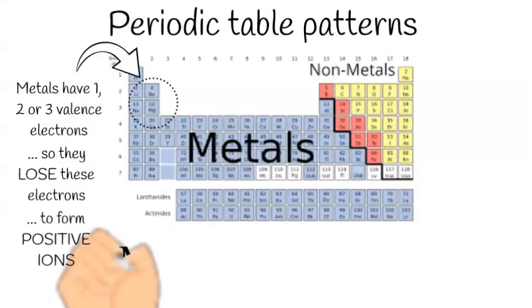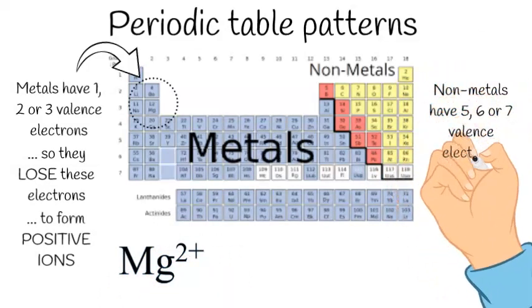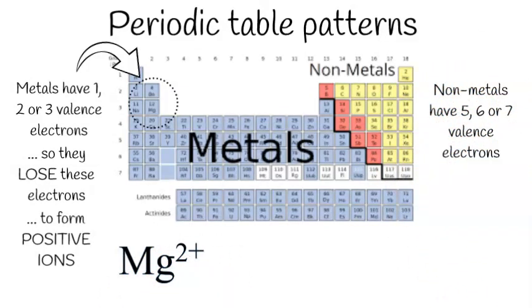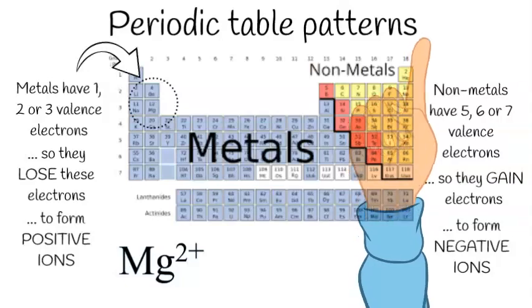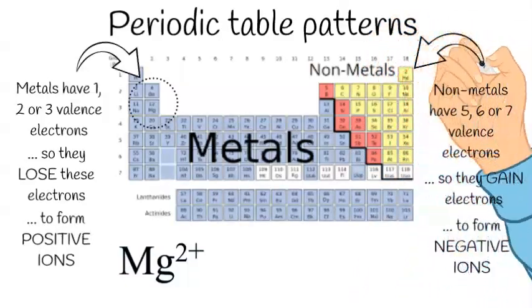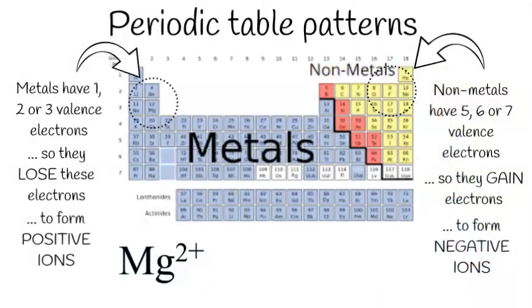And this forms the Mg2+ ion. Try and see those patterns. On the right hand side, the non-metals have 5, 6 or 7 valence electrons, so they gain electrons to form negative ions. For example, let's have a look at the fluorine atom here, which has 7 valence electrons and gains 1 to form F-.